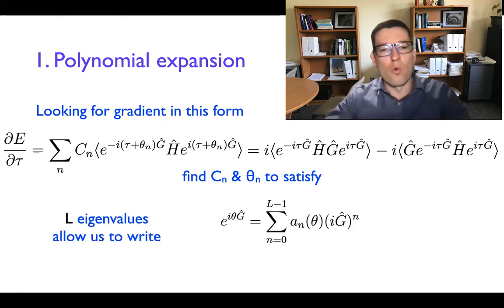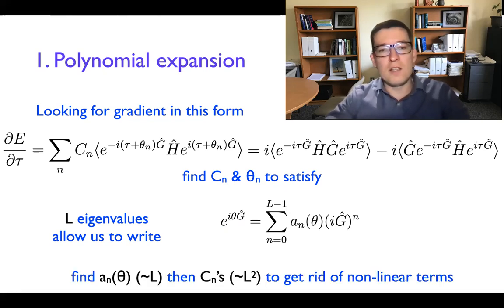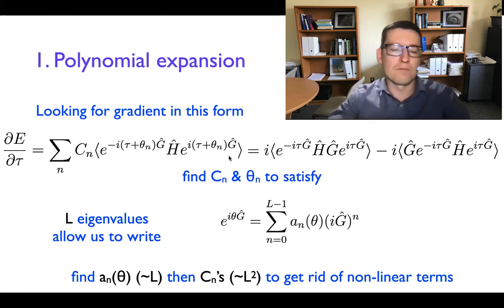Okay. Now, with L eigenvalues in the generator, we can always present the exponent, each exponent actually in this linear combination, as a polynomial of degree L-1. And then the idea is that for certain thetas, you want to find the coefficients that allow us to get rid of all the nonlinear terms, because if you have G squared or G cubed on the right or on the left of the Hamiltonian, you want to get rid of it by canceling it with terms from other expectation values, right?